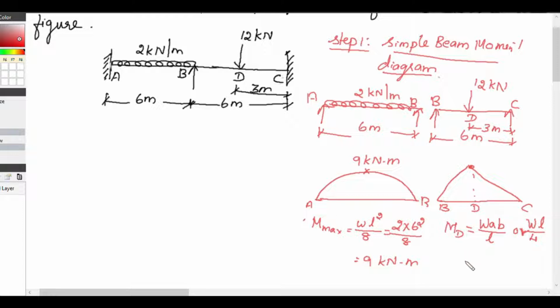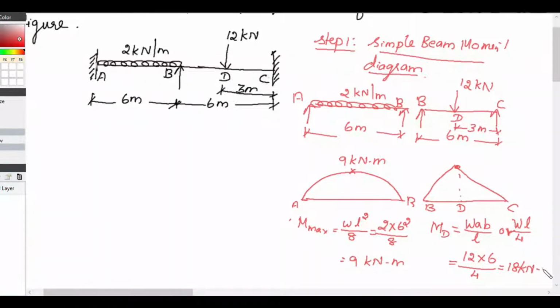So we get W is 12 kilonewton into L is 6 divided by 4. We get 18 kilonewton meter. So this magnitude is 18 kilonewton meter.